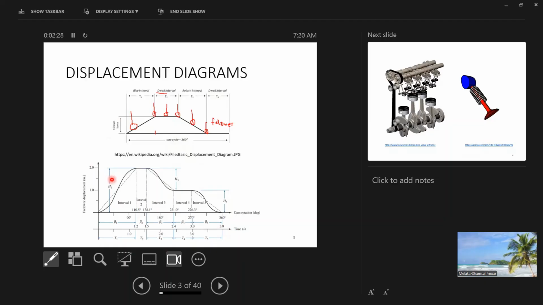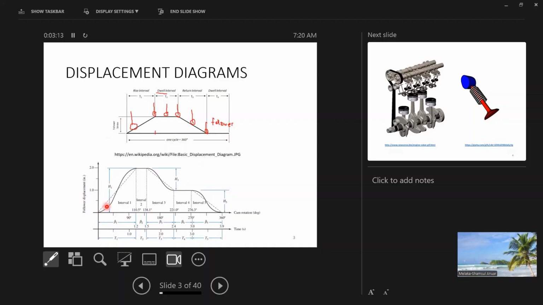This is opened and expanded in a flat manner, so instead of being circular in shape, we plot it in terms of the degrees or angles of rotation in the x direction, whereas y is the displacement, or delta y, measured from the center of the rotation of the cam.